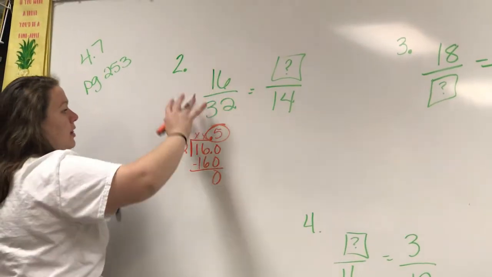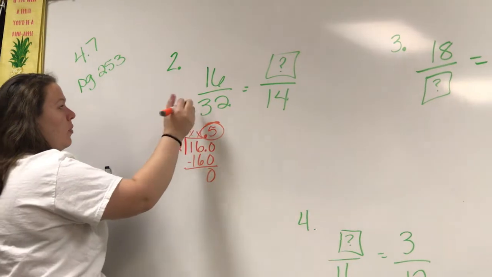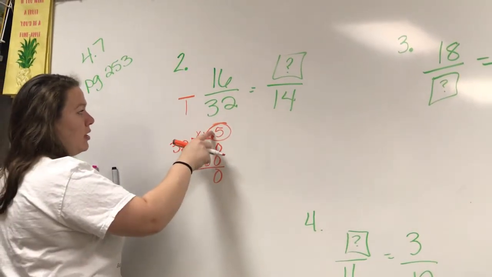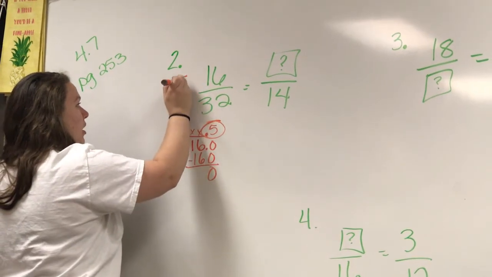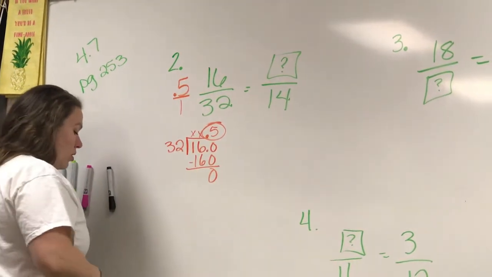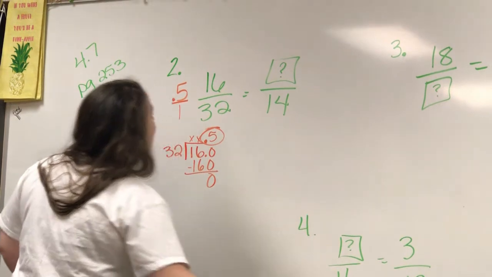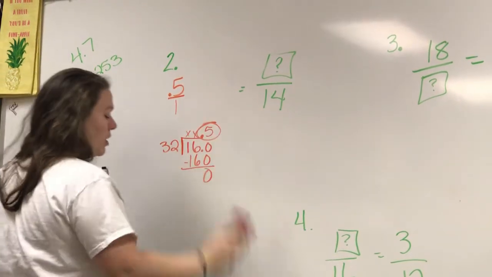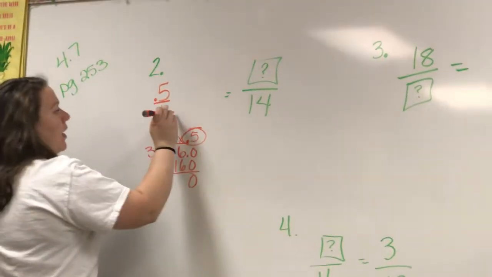So to rewrite this, remember on a unit rate we want to go down to 1. Okay? And then whatever answer we get at the top, that is going to be our answer up here. So for the time being, I am going to erase this because now we have a unit rate. And now I can do my lines.